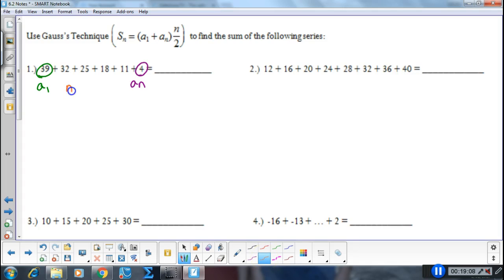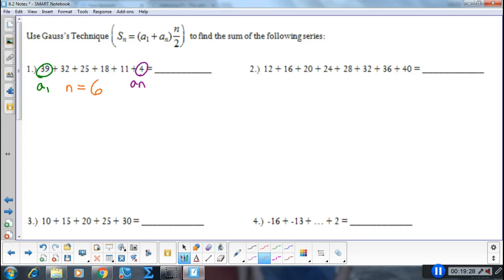What's my total number of terms? How many terms are there in this series? 6. Okay, you can count them up. Now in number 4, you can't count them up. So then you might have to do some extra work there in number 4.